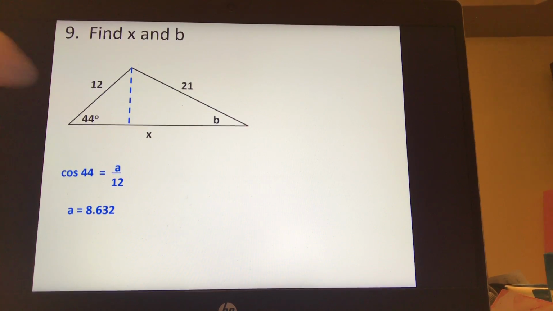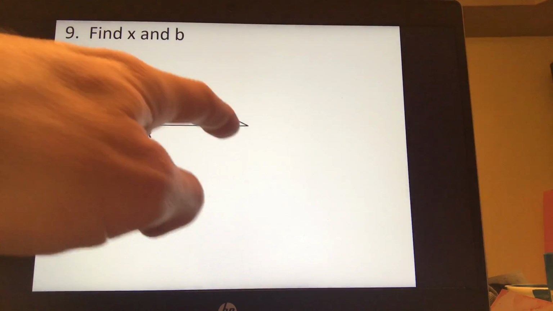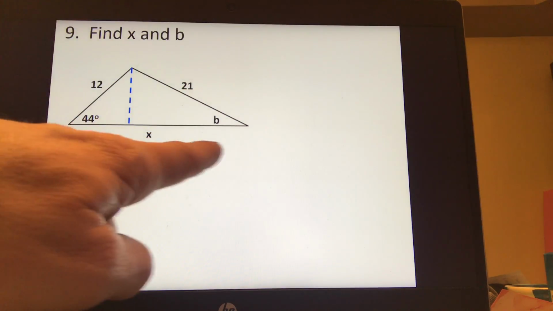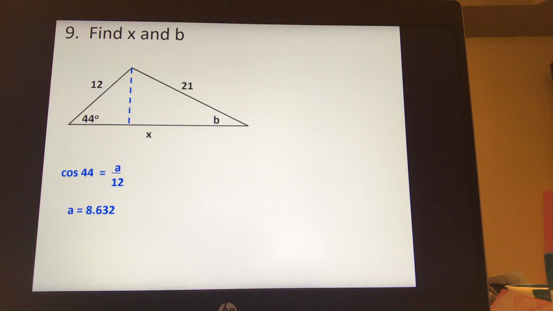So there's part of x. I found that piece of it. I have to go find this piece in a minute. But again, on this triangle on the right, I don't have enough information, so I'm going to need another side length. I'm going to find that altitude. I'll call that h. I could do that using opposite over hypotenuse, which would be a sine ratio from that 44-degree angle.